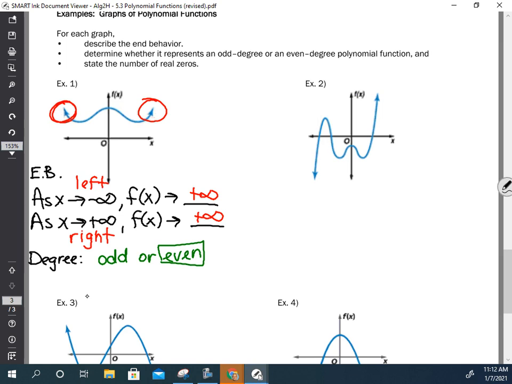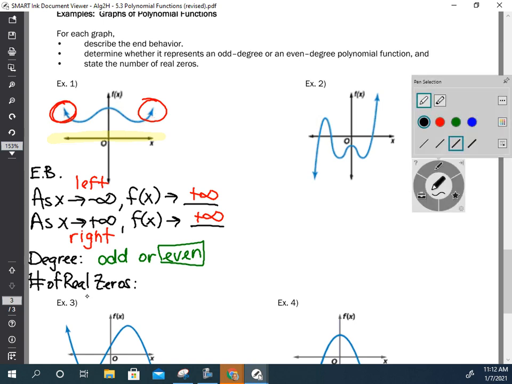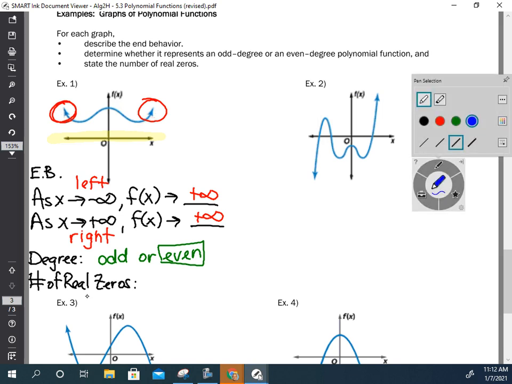Last part, state the number of real zeros. This part is the easy part. The real zeros means go to the x-axis. Tell me, how many times does the graph touch the x-axis? Zero.